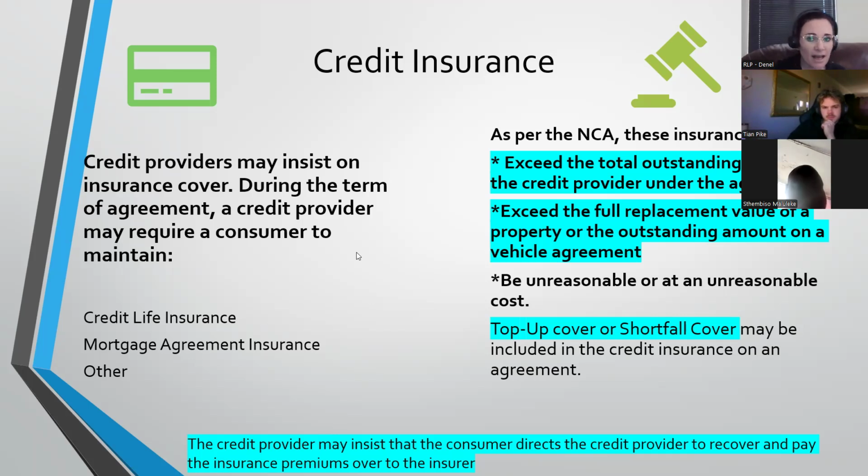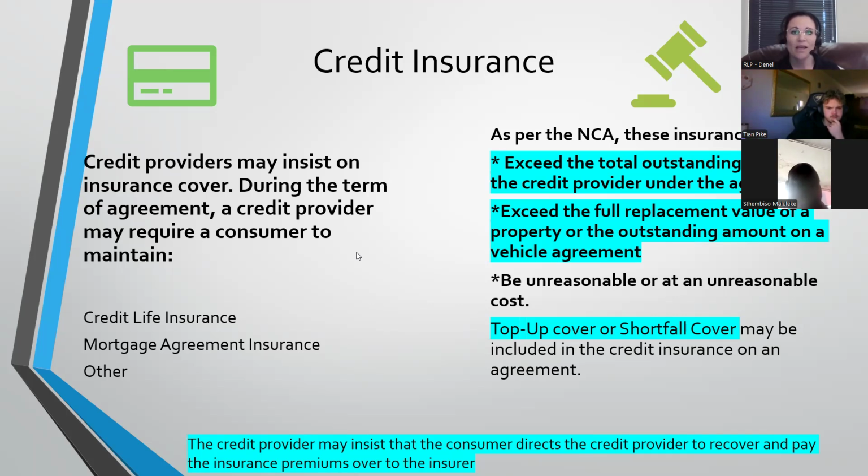If you purchase a house and you have a home loan, my husband and I bought a house, I think 4 years ago, and we were obligated to have life insurance. Because the sad part is that if one of us dies, the bank wants to know that they'll get their money back that they gave to you.